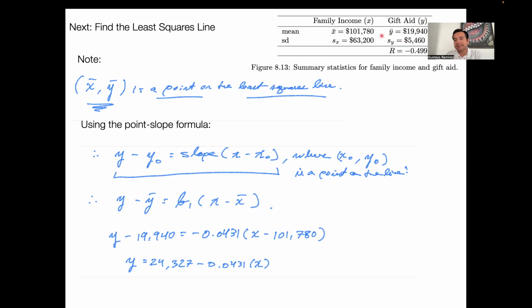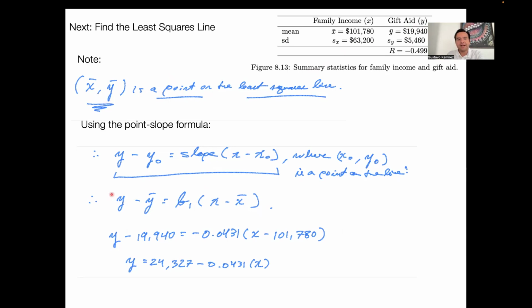Those two means are an actual point that's already on the line with the best fitted slope across all the data points. That is something you really want to remember. So the x and y coordinate for a point already on your least squares line is the mean of x for the x coordinate and the mean of y for the y coordinate.